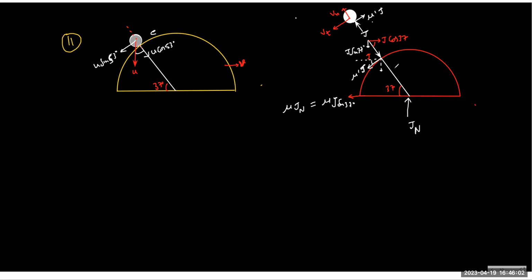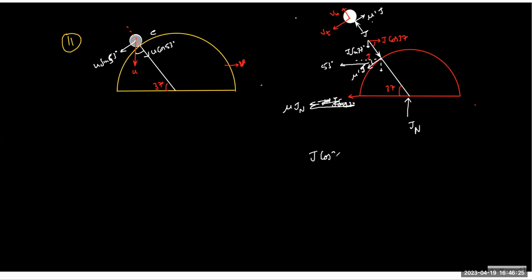How much is the angle? 53, correct? Yes, sir, 53. This is correct, right? So for the wedge, the horizontal impulse is how much?